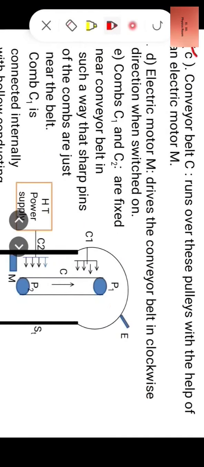C. Conveyor belt C runs over these pulleys with the help of an electric motor M. D. Electric motor M drives the conveyor belt in clockwise direction when switched on.